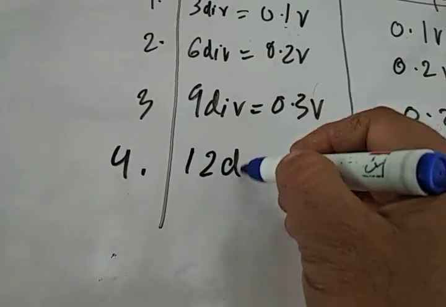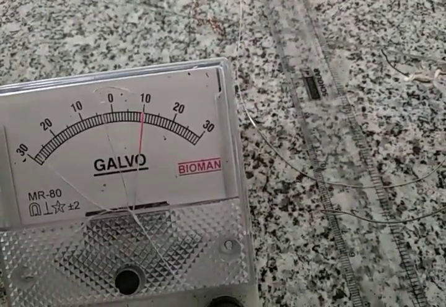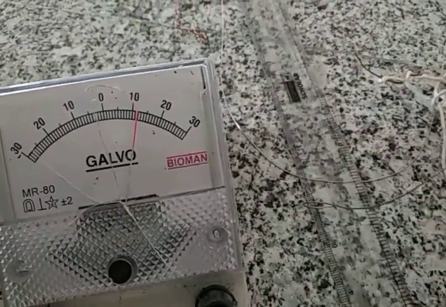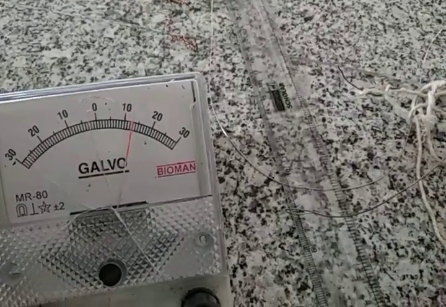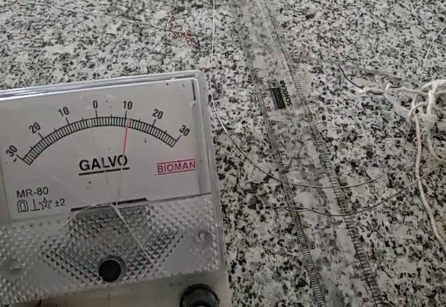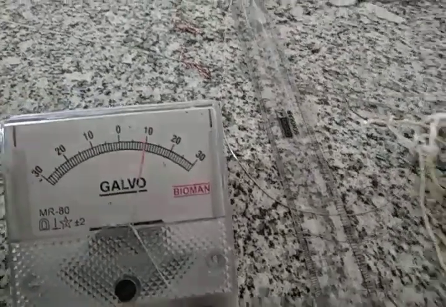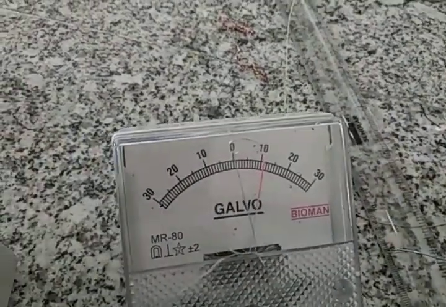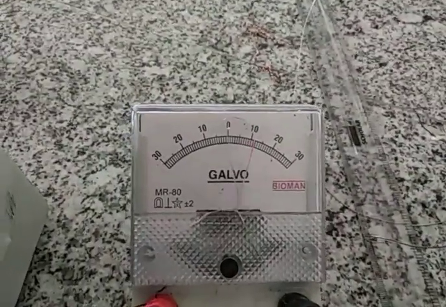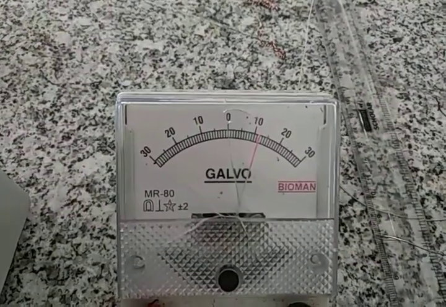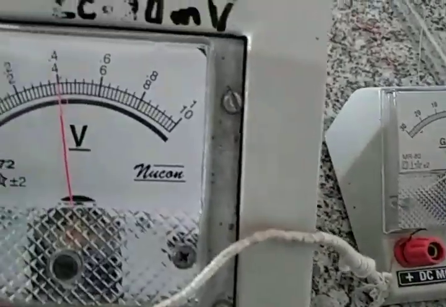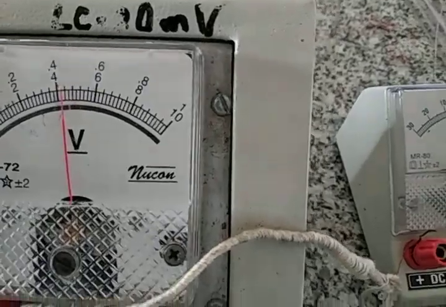Now we'll go for 12 division deflection. Oh, this is too much. Just 1 minute. So this is about 12 divisions deflection, and how much is this showing? 0.4 volts.